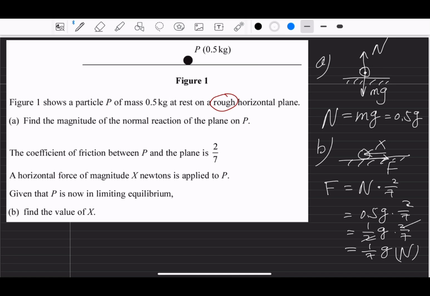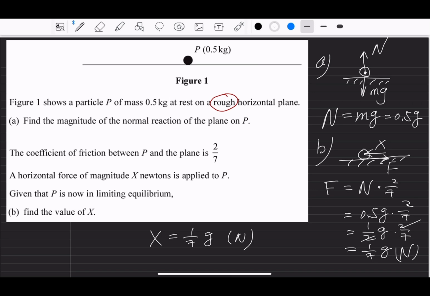That friction force is in limiting equilibrium at its maximum value, 1/7 g, when our horizontal force X equals the friction force. So the answer to the second part of this question is 1/7 g.